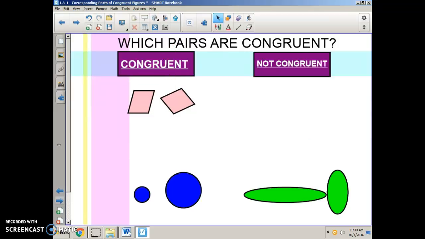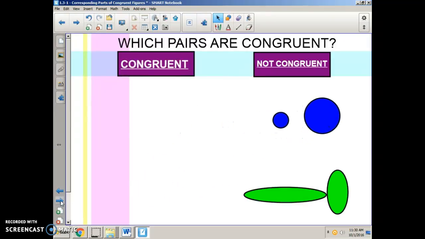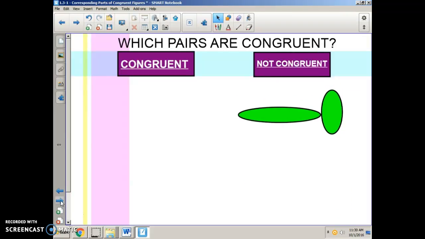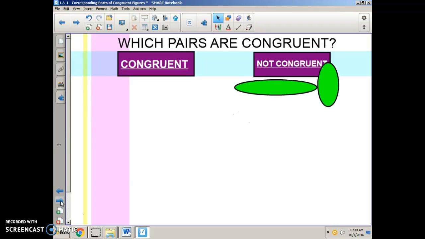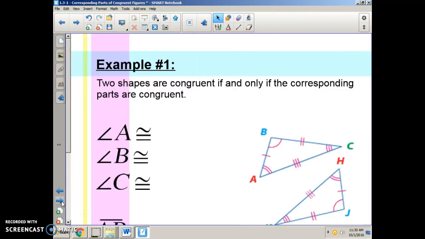Even though they're tilted to be a different direction, they are exactly the same shape and size. These circles, however, even though they're both circles, one's small, one's a little bit larger, definitely not the same size. Same thing with these ellipses. One is really long and skinny, one's a little bit too small, so they're not congruent. So just a few very basic examples of things that are congruent and things that are not. You don't need to write that down, though.